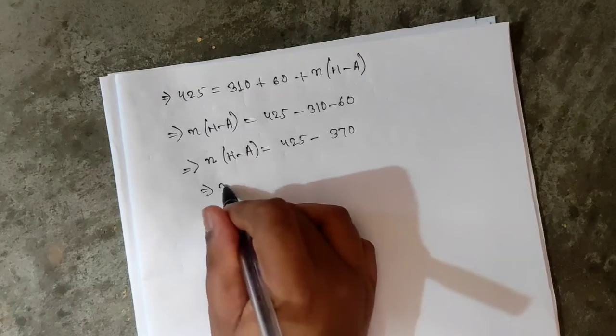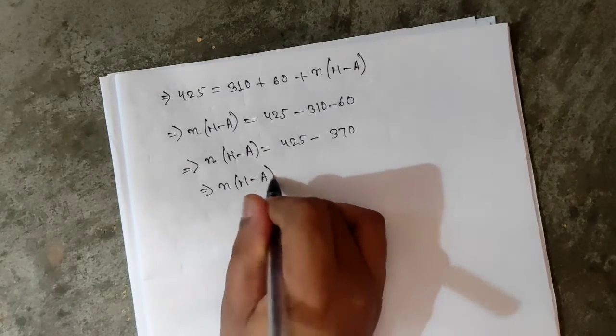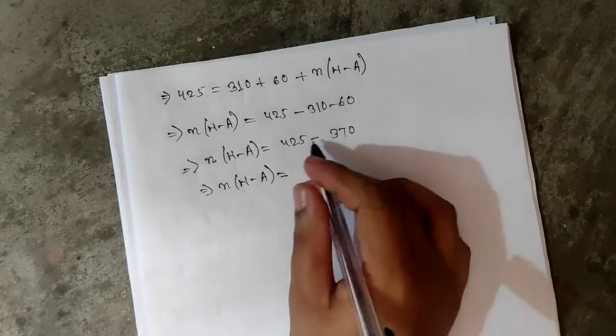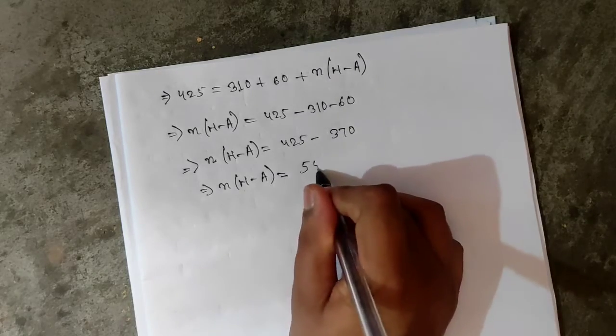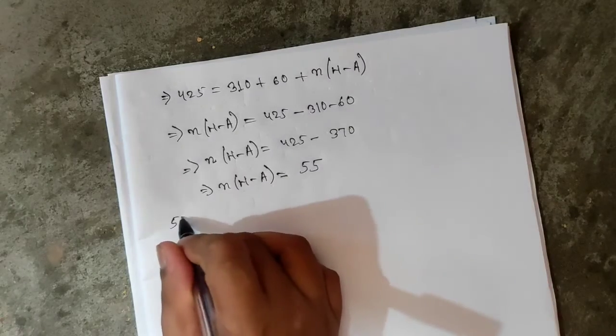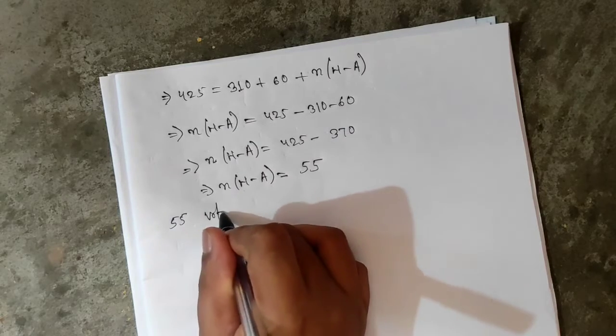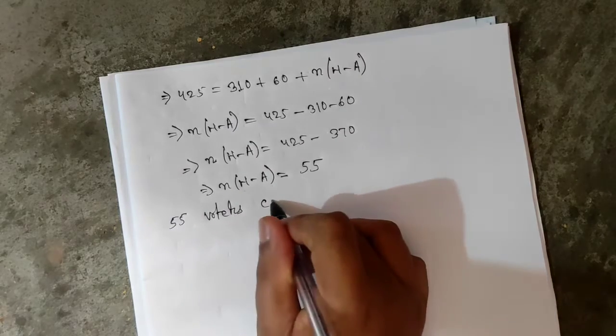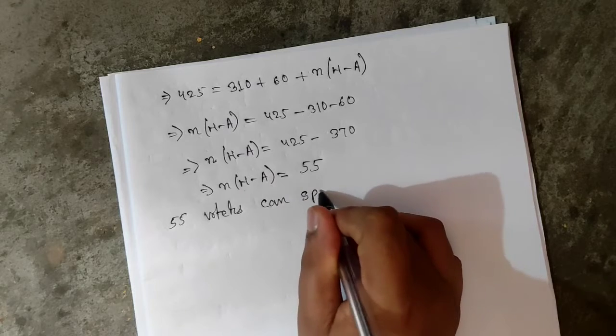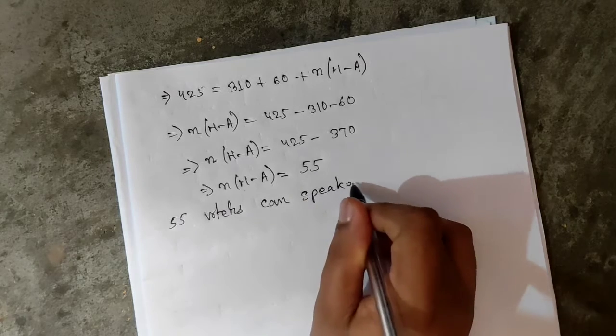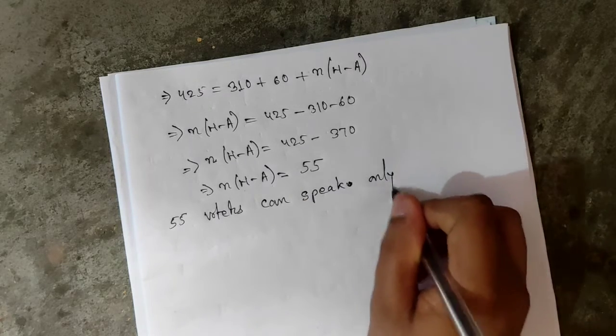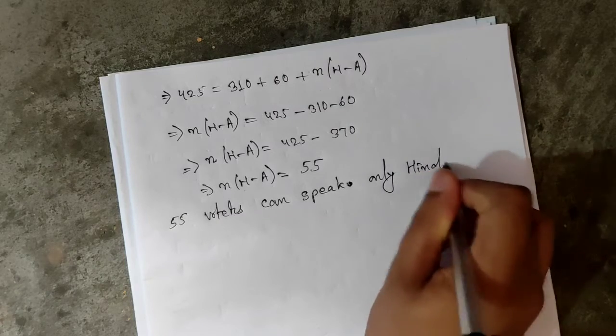How much will you get? n of H minus A will be 55. Therefore, 55 voters can speak only Hindi. Okay, clear? Like this we will be solving the problems.